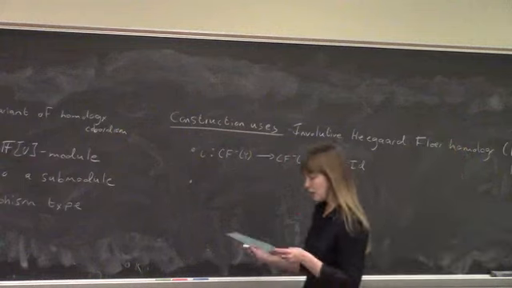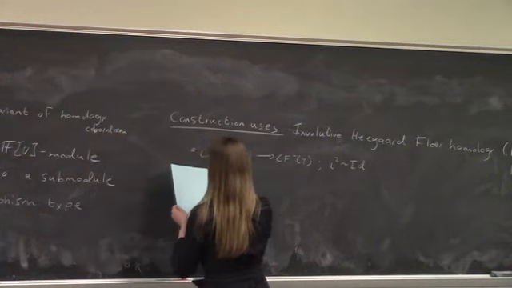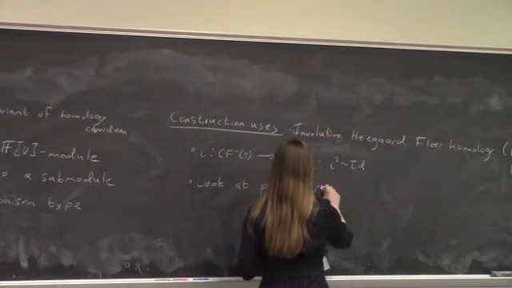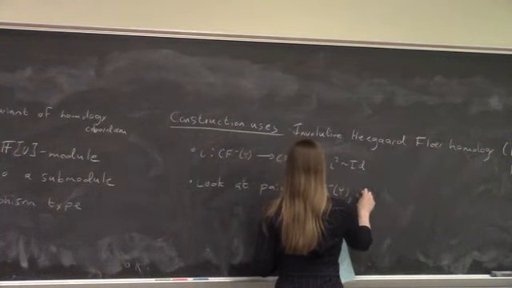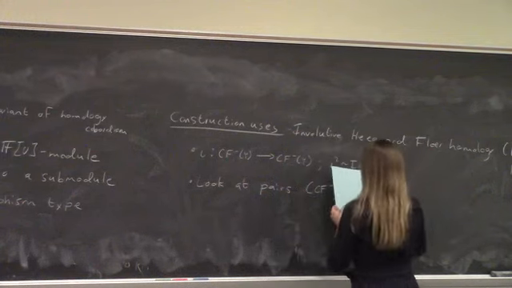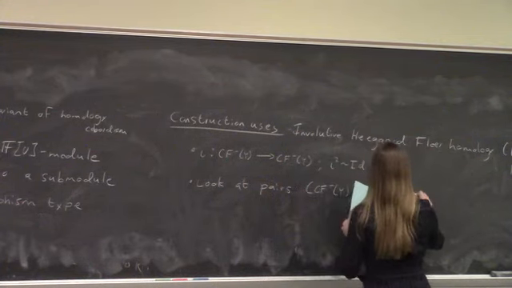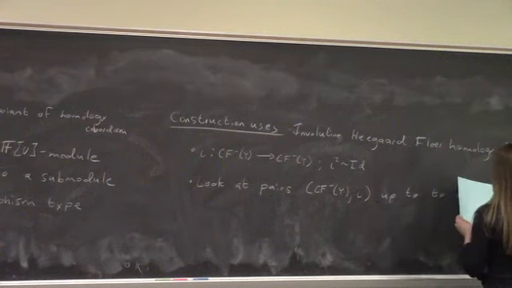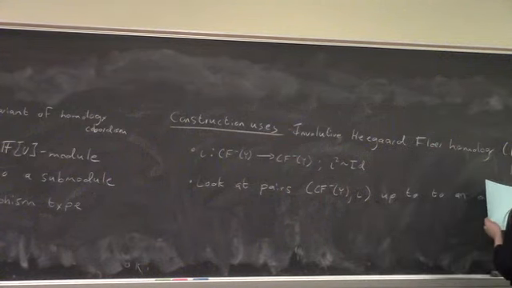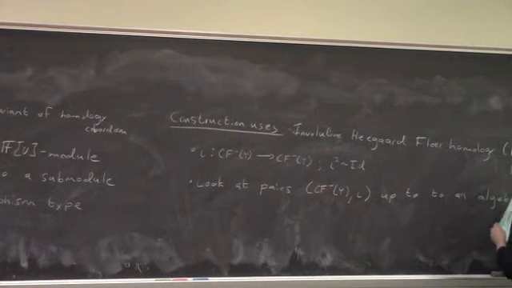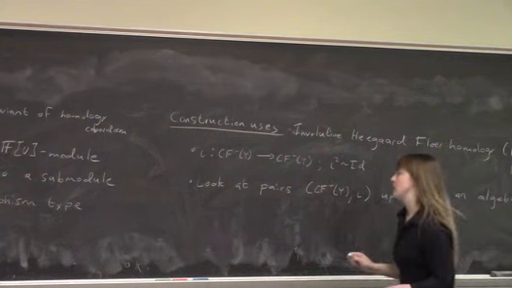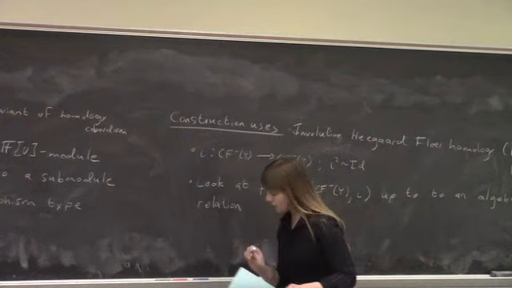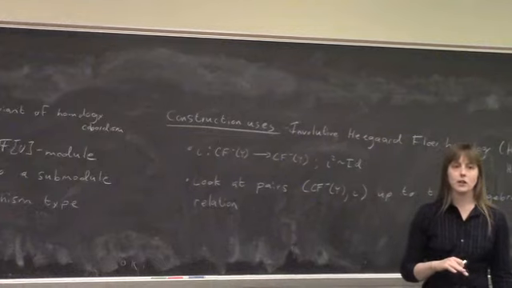to get connected is we're going to look at pairs consisting of the chain complex and this map. And then we're going to look at them up to an algebraic equivalence relationship. So, algebraic equivalence relation that's, well, it's not as strong as chain homotopy equivalence.